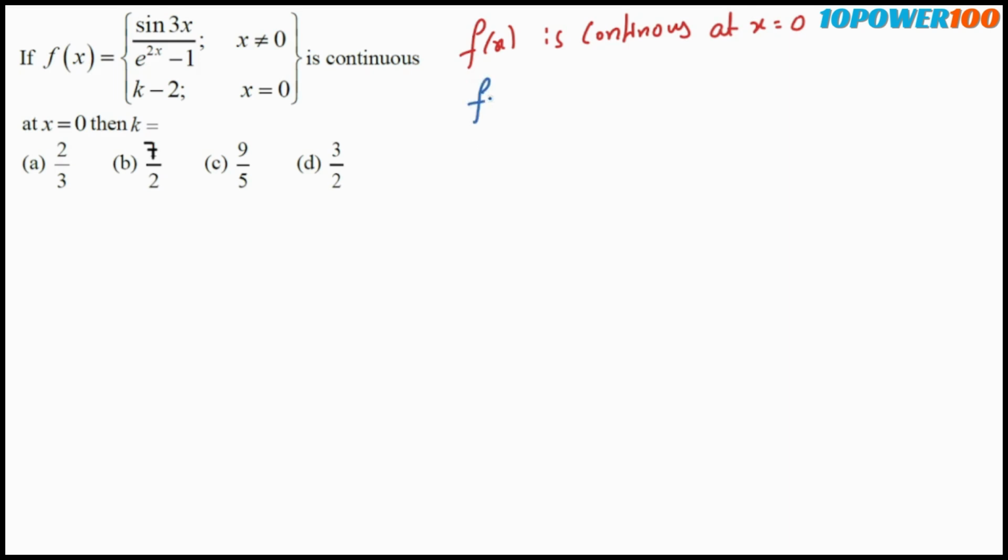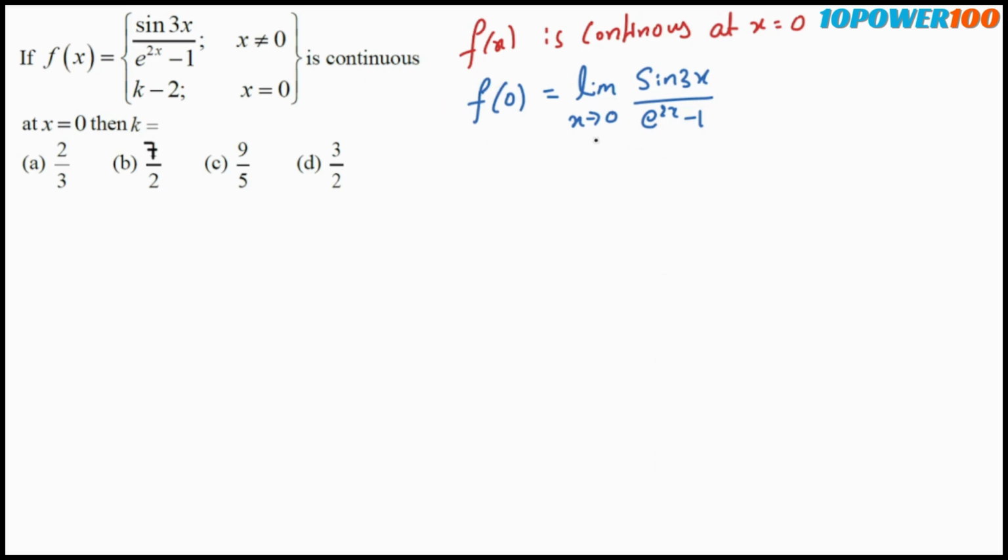Here f of 0 is equal to limit x tends to 0 sine 3x by e power 2x minus 1. Since it is continuous, we have taken it like this. Otherwise, we wouldn't have taken this condition.